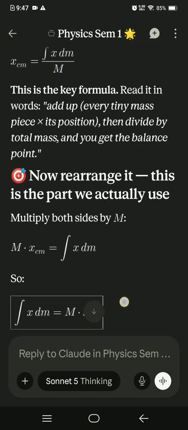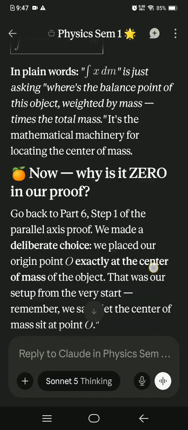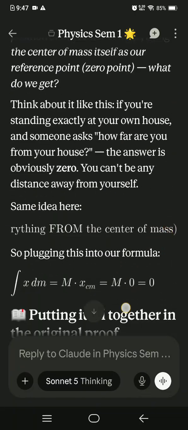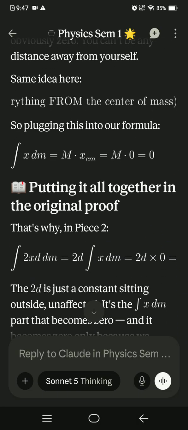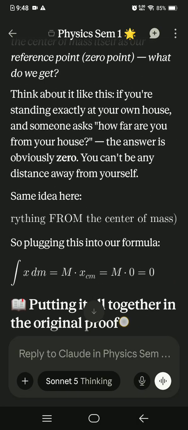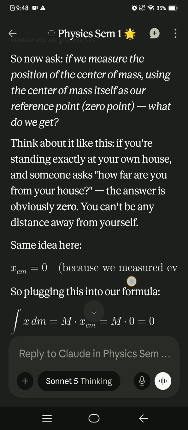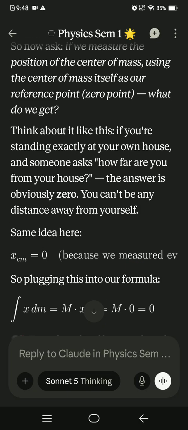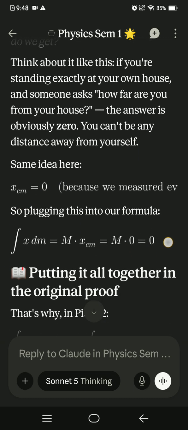Anyways, I'm still a little confused. Okay, so we measured everything from the center of mass itself. What is this x_cm, by the way?